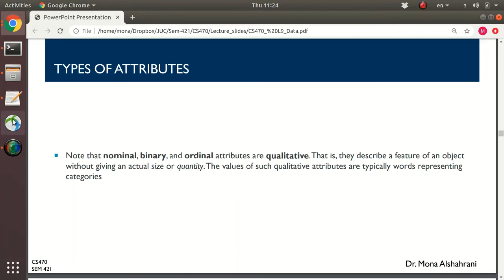That is, they describe a feature of an object without giving an actual size or quantity. So the values of such qualitative attributes are typically words or symbols representing categories or ID numbers, and so on.